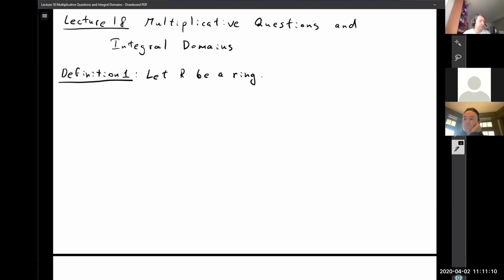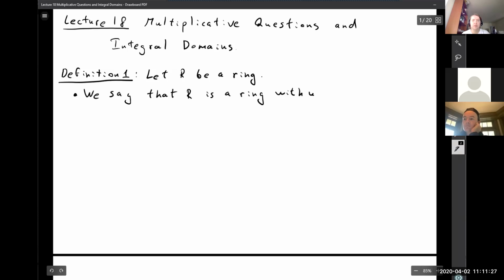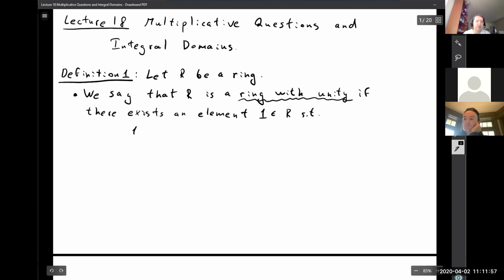Then we say that R is a ring with unity if there exists an element, which is commonly denoted as 1 in R, such that when multiplied by any other element, 1 times A or A times 1 is the same as A for all A in R.